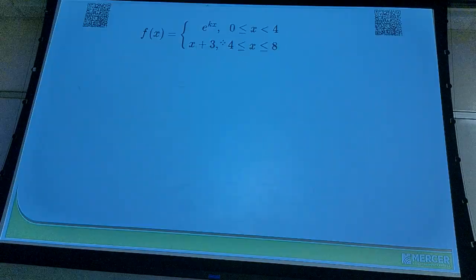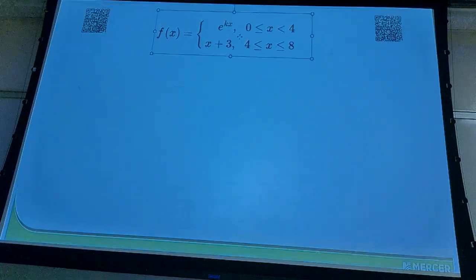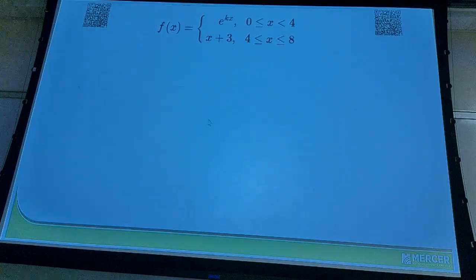We'll make that function continuous at 4. Does f of 4 exist? Yes. What does it equal? 7.